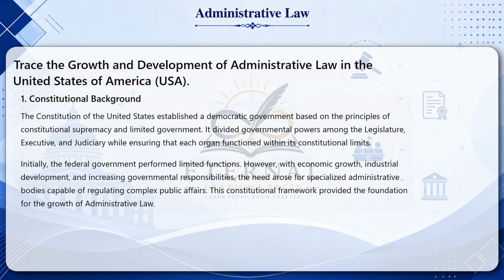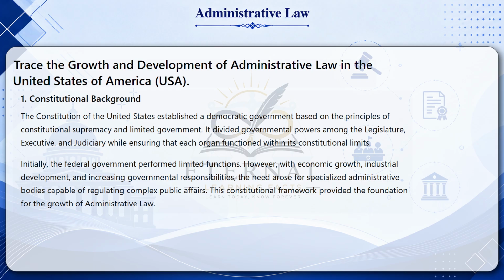Explanation. Constitutional background. The Constitution of the United States established a democratic government based on the principles of constitutional supremacy and limited government. It divided governmental powers among the legislature, executive, and judiciary while ensuring that each organ functioned within its constitutional limits.